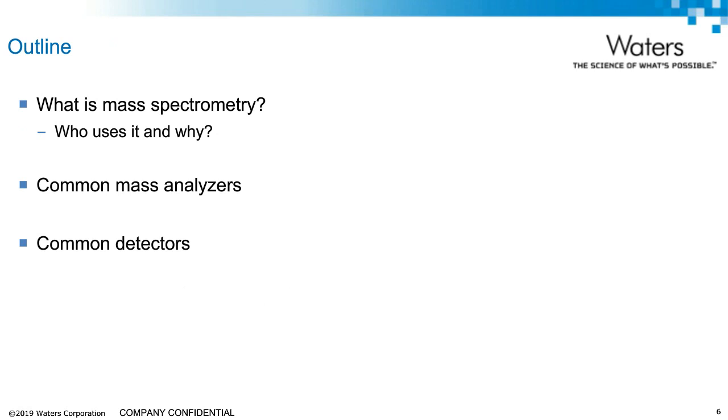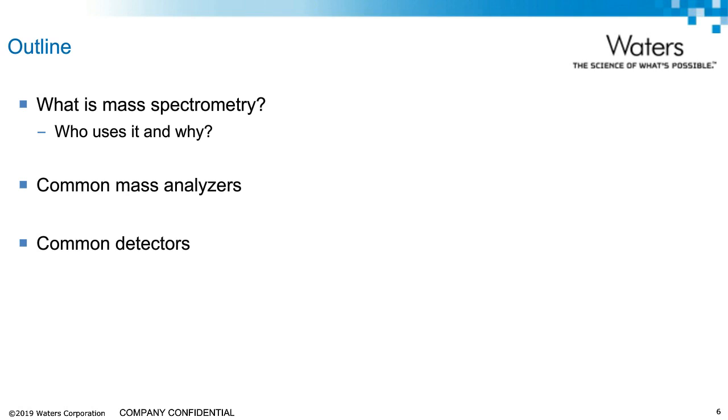The goal of this webinar is to provide some background information on mass spectrometry, discuss how species are analyzed in the MS system, and then look at the most common detectors used today. We'll then look at the type of experiments that can be done by those mass analyzers and how they compare in terms of mass accuracy and speed of analysis. We'll also look at how ions are detected in many modern MS systems.